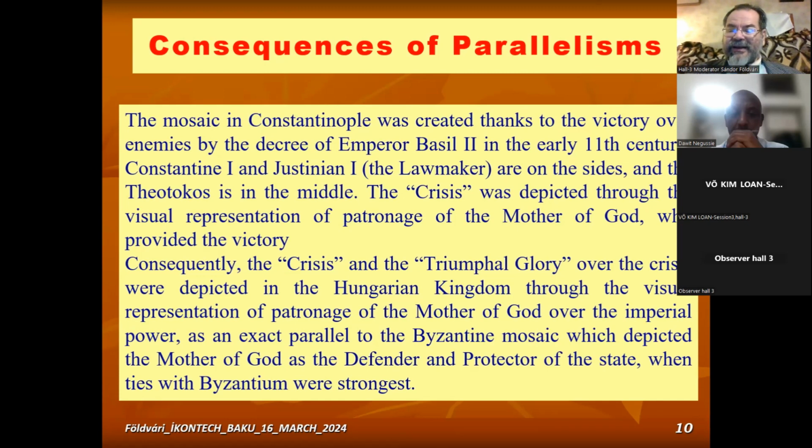That's why he created a mosaic thanks to his victory, thanks to the strengthening of his power, and he followed that pattern, that example, which he already saw when he was a young prince, a child in Constantinople, and visited the Hagia Sophia himself.